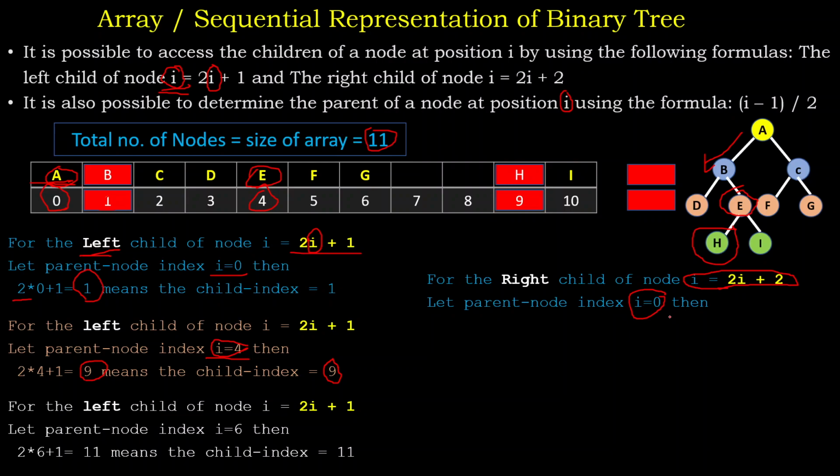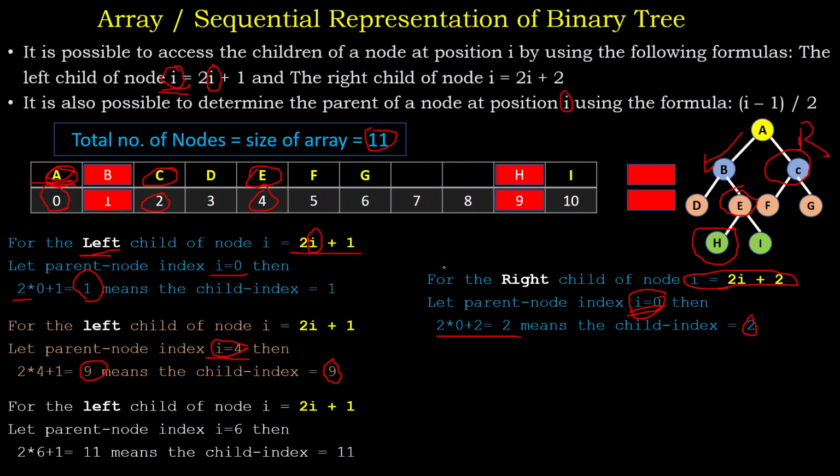As I have taken 0, 2 into 0 plus 2 equals 2. So the right index of that particular child is 2. The root parent is A and the right child at index 2 is C. So this is the right side. In this way we can calculate.